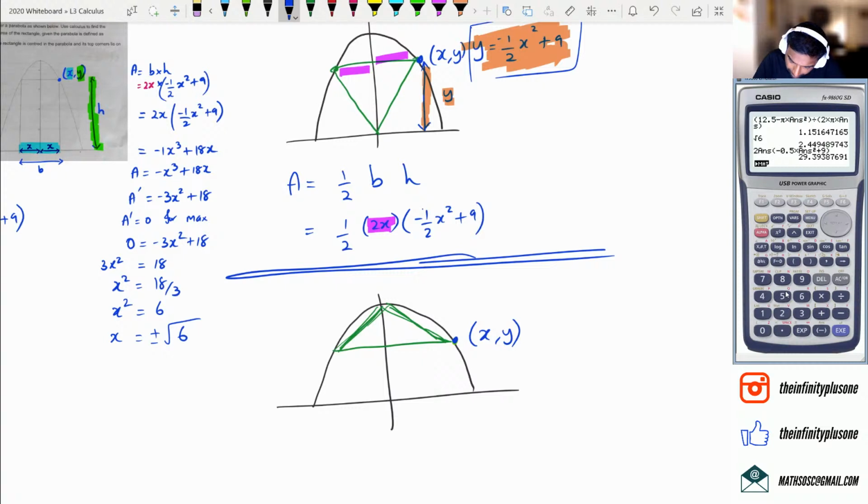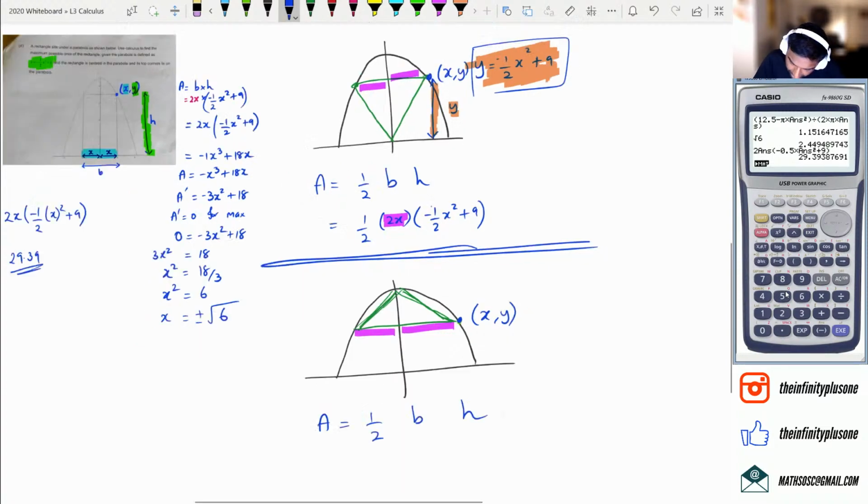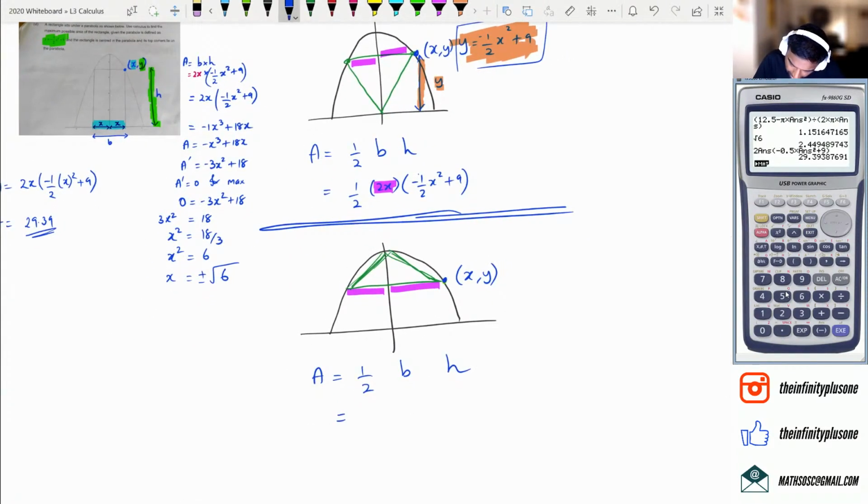All right? Because if you look at the base, the area of this triangle is still half times base times height. And the base is still going to be 2x in this case, because you've got an x there and you've got an x there. So that's going to be half times 2x. Now, here's where the kicker comes in. The y value is actually the length from here to here. That's where the y value is.